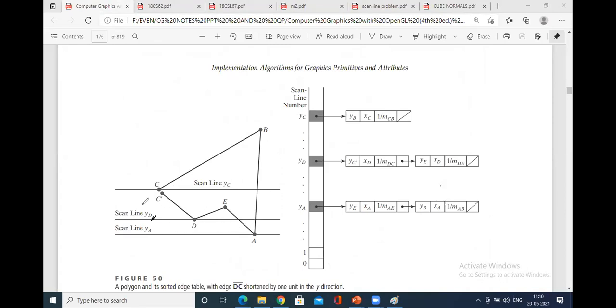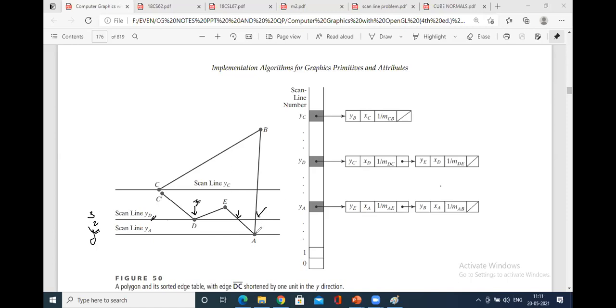Y goes in unit intervals like 1, 2, 3, 4, whereas for X you have to identify the value. What is the value of X? This is quite a complex thing that you need to understand.